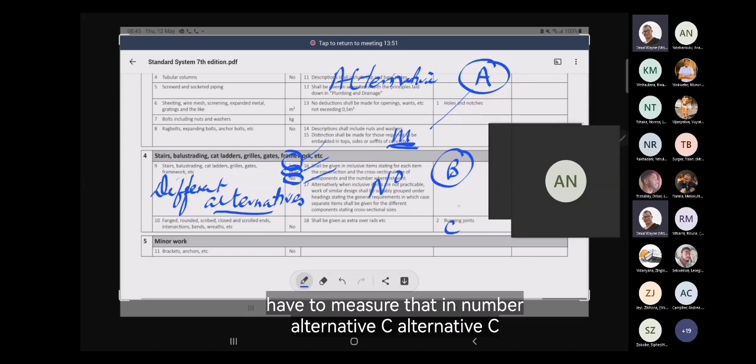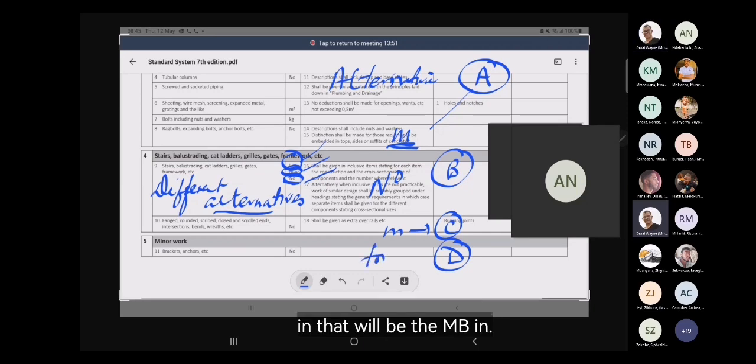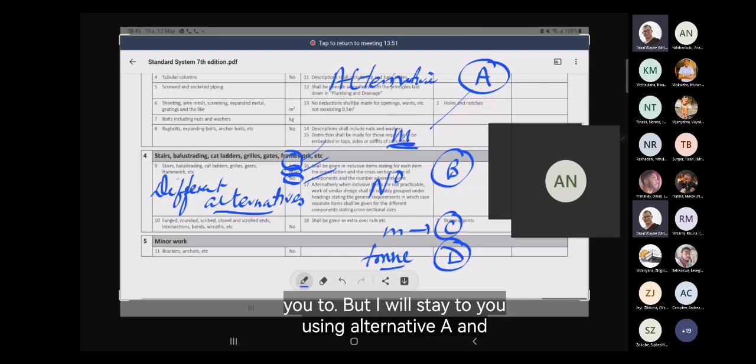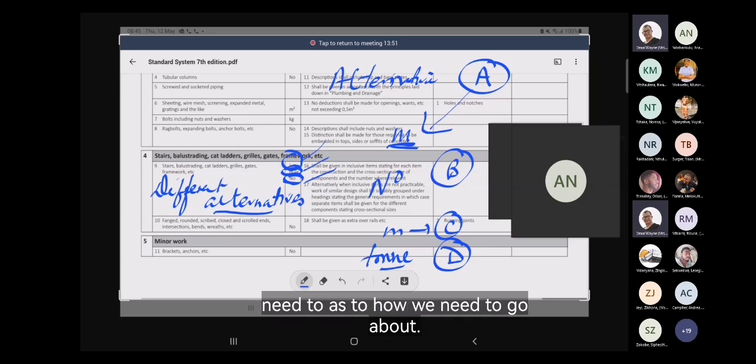Alternative C, it would also be in meters, and alternative D that I'm bringing in will then be in tons. But I don't think I'll be as cruel as that. I will state to you, using alternative A and measuring this in meters. And then it changes the whole dynamics as to how we need to go about approaching this metalwork.